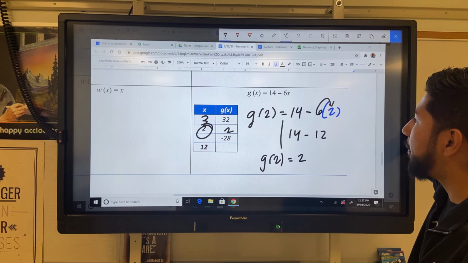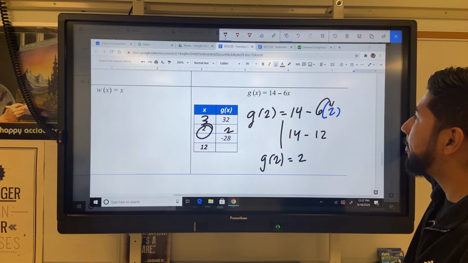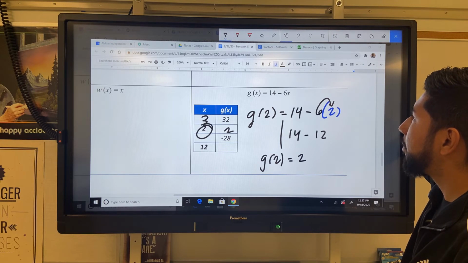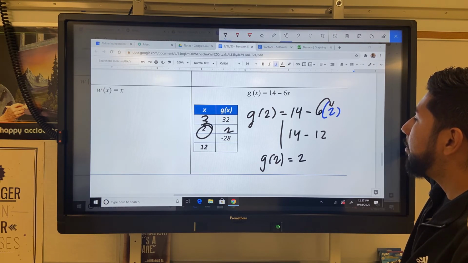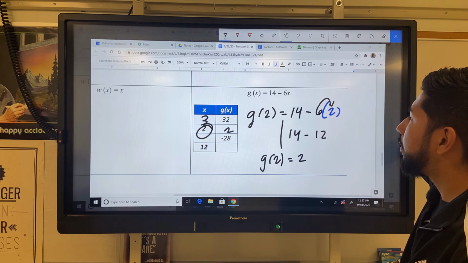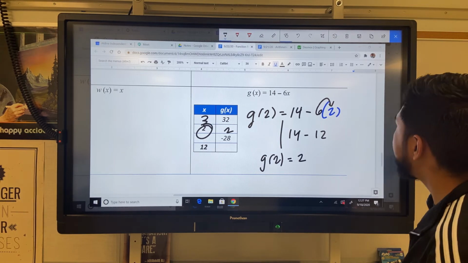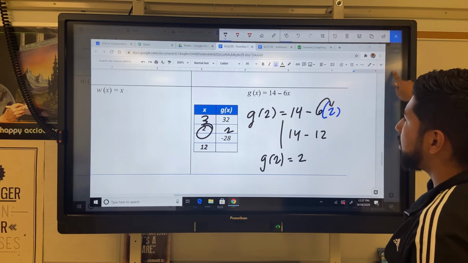I feel like I messed up with the first one. That was rushing. I don't think I messed up. Okay. I don't think so. Let me double check.